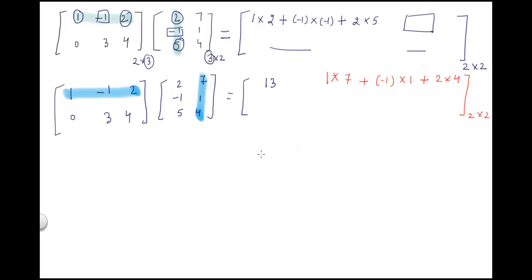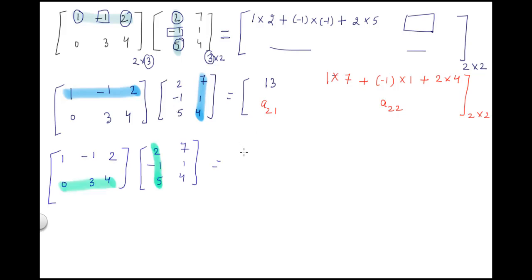Clear? The third element here will be second row first column, right? It will be A21, and A22 we are left with. So for A21, what we are going to do, we'll take second row and first column now. So by doing so, we will get here 13, here we get minus 2. Let us do it for the third element.